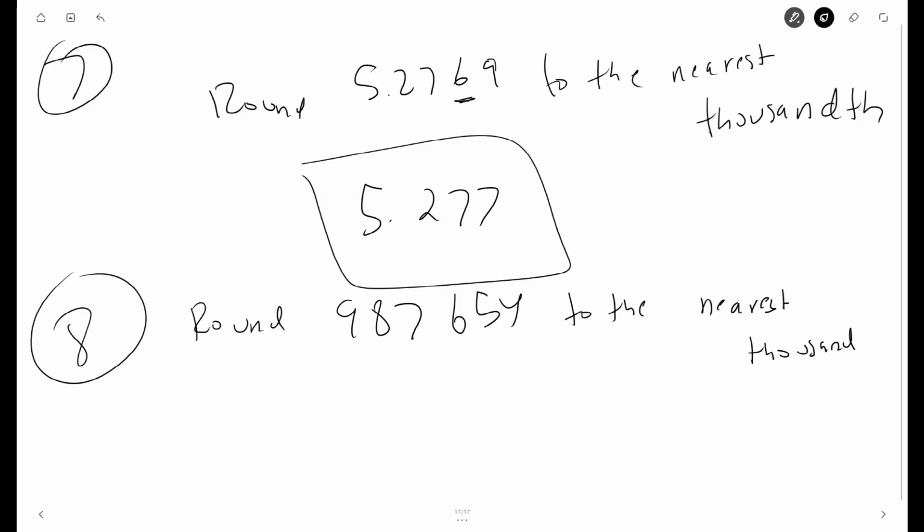Okay, so the nearest thousand is 1, 10, 100, 1000. Thousand is here. That means that we look at the digit to the right, that's 6. So is 6 greater than or equal to 5? Yes. That means that we need to add 1 to 7. That would be 988. Anything to the right of 7 is turned to 0. So it would be 988,000.